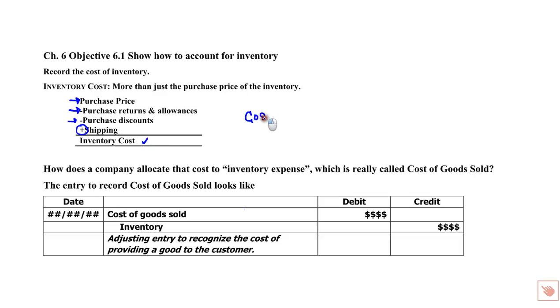So shipping is a cost that gets transferred into the inventory cost. So it's good to think of as accounting students that cost does not necessarily equal an expense. The shipping cost will go into inventory and it will get expensed as cost of goods sold. Alright, cost of goods sold is an expense.